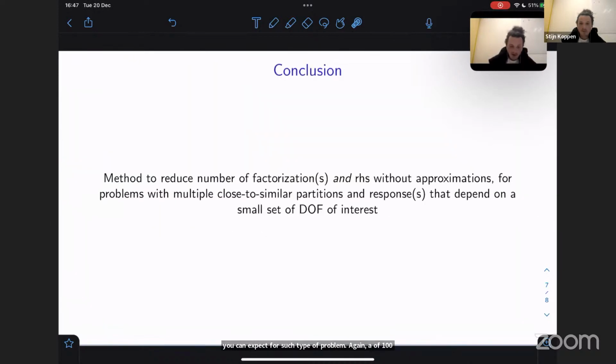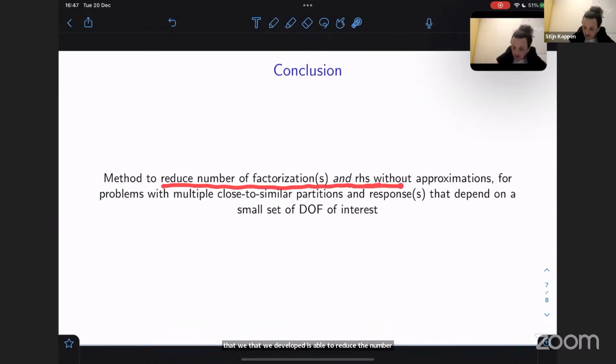Now let me wrap up because of the limited time. What we conclude in this work is that the method that we developed is able to reduce the number of factorizations and the number of right-hand sides without making approximations in the accuracy of solving the problem.